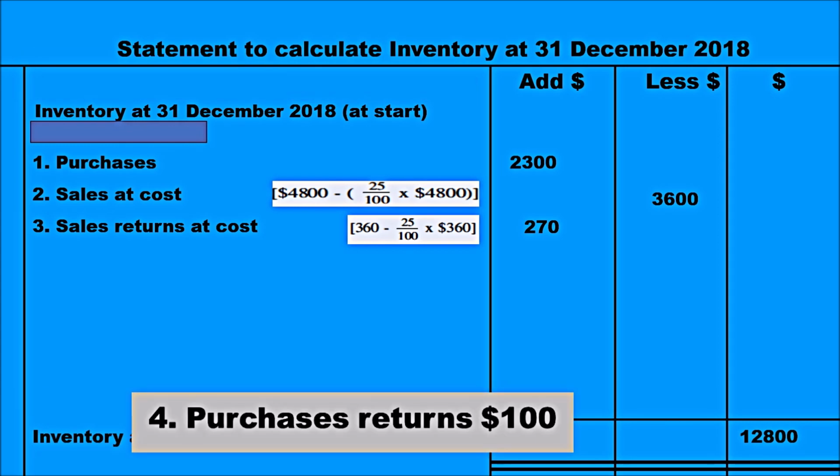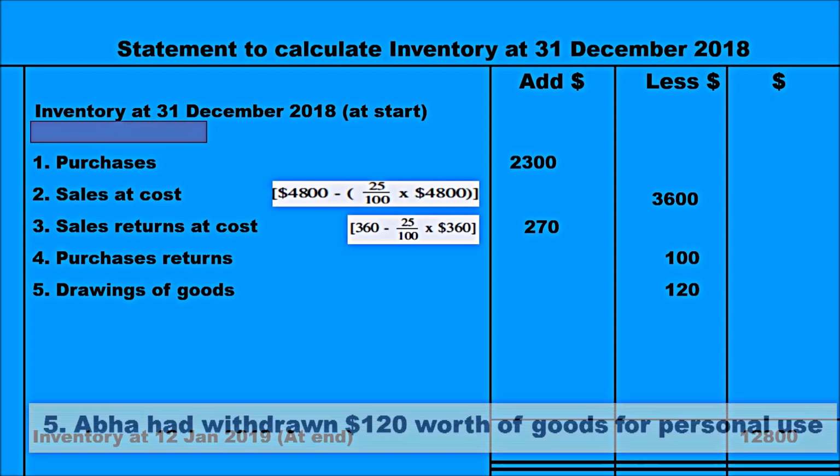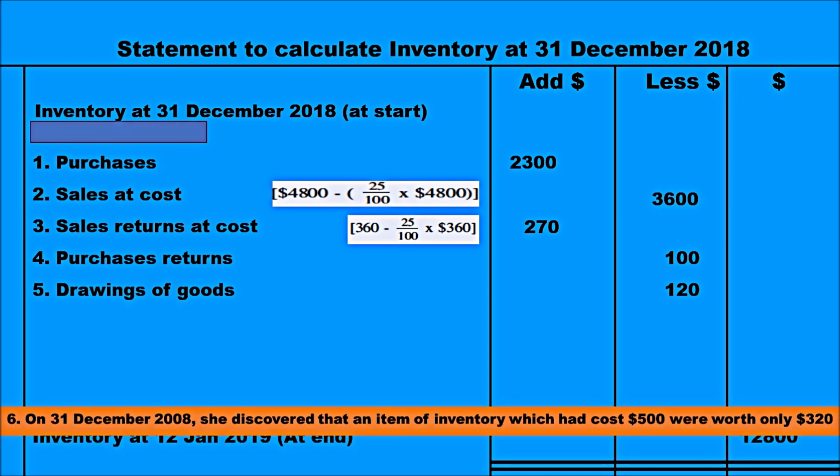Next, purchases returns 100. Purchases returns, that is goods going out, so we deduct 100 in the column to deduct. Next, Abba withdrew goods worth 120 for personal use. This represents drawings. Since goods are going out, we record in the column to deduct drawing of goods 120. And then on 31st December, she discovered an item of inventory costing 500 worth only 320.